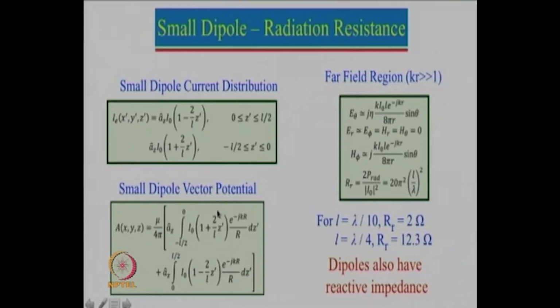However, just to make life very simple, we are taking the average over the length. So, we can assume very similar to the previous case, except that now I0 will become I0 by 2, which is the average value of a triangular distribution.